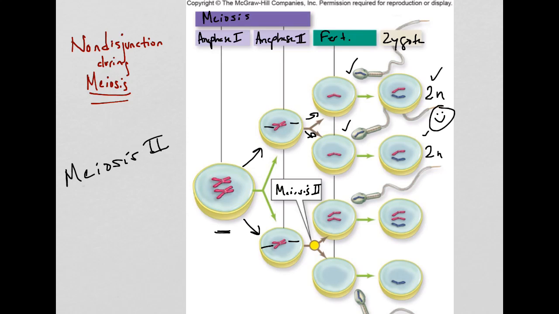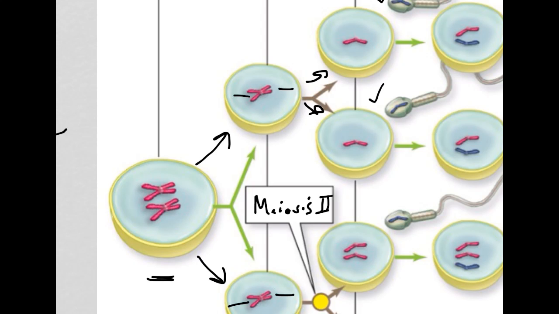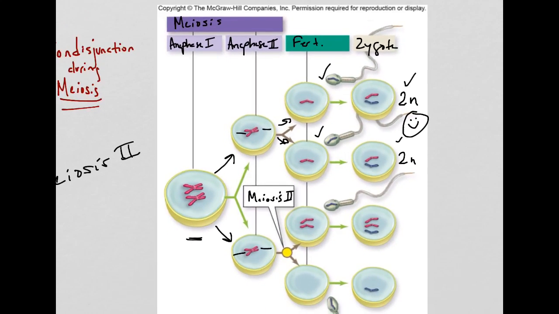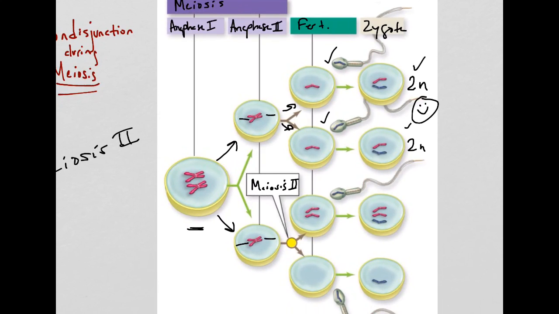Okay. So then let's go down here to where they have our little yellow dot indicating that something went wrong. So something went wrong during this meiosis, and sisters failed to separate properly. They failed to go to the proper poles. So one of the chromosomes that was supposed to move to one pole went to the opposite one. So you got two of them on one end and 0 of them at the other end.